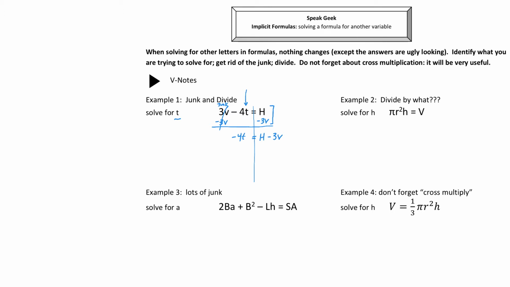Now divide. Fraction bar -4, and you can either do 2 fraction bars, but what a lot of teachers teach is one big giant fraction bar. So you would have a choice on this or this.